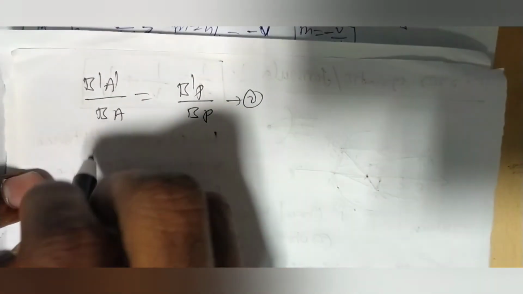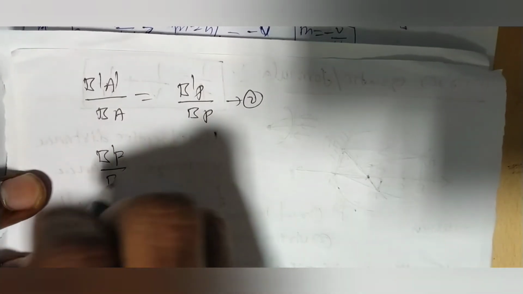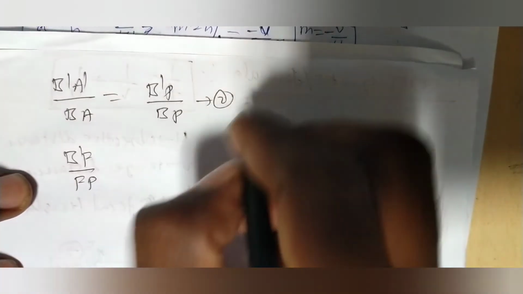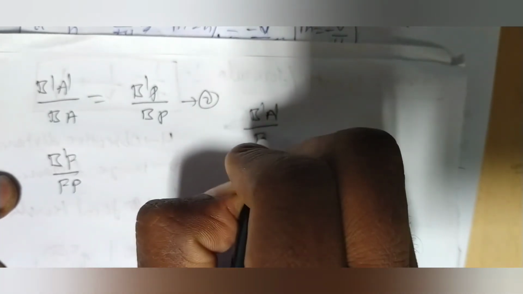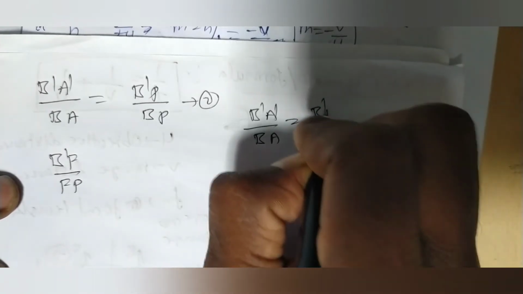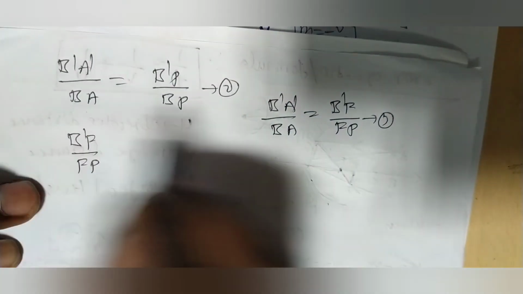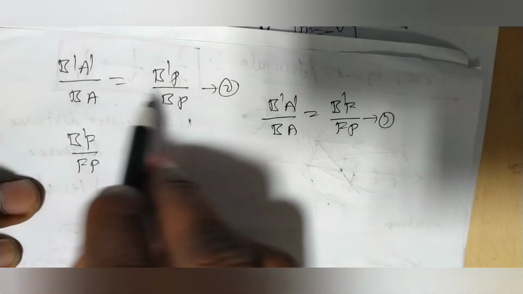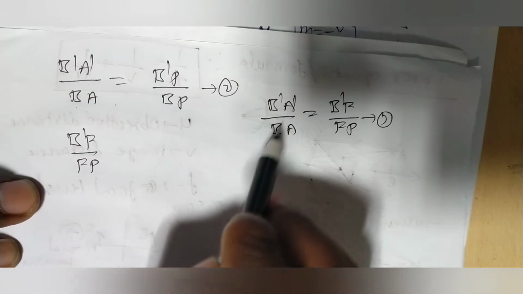From equation number 2, that is B dash F is equal to FP. That's why equation number 1 is B dash A dash by BA is equal to B dash F by FP. Comparing equation number 1 and 2, the left hand side is the same for both, B dash A dash by BA.